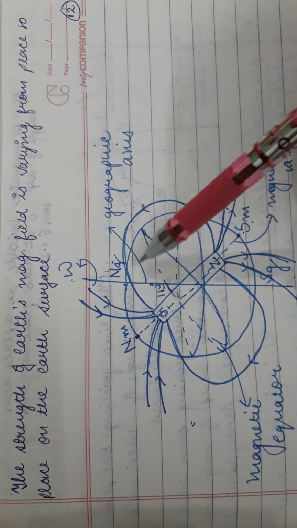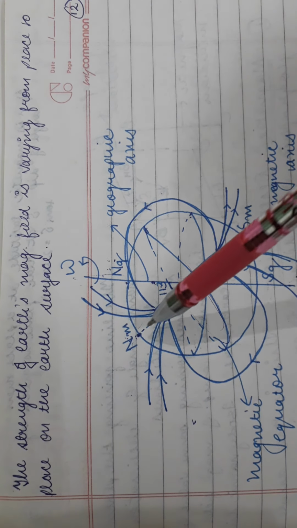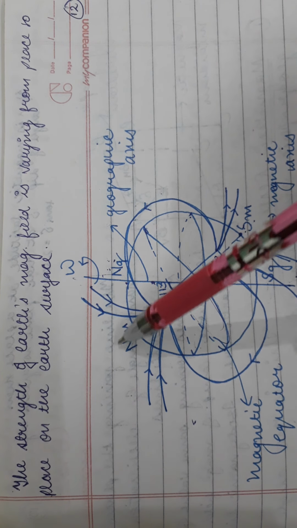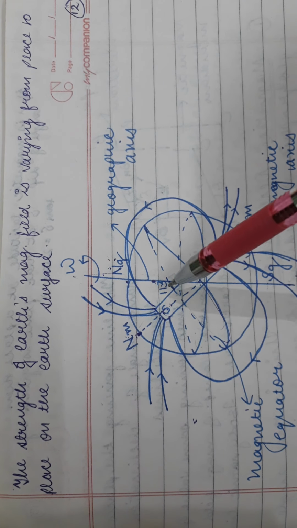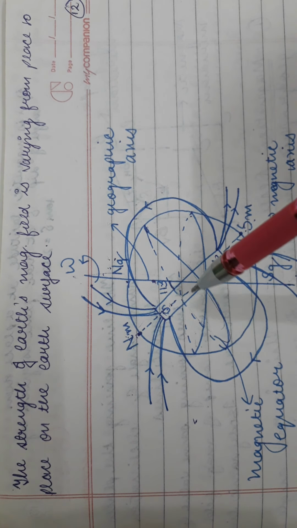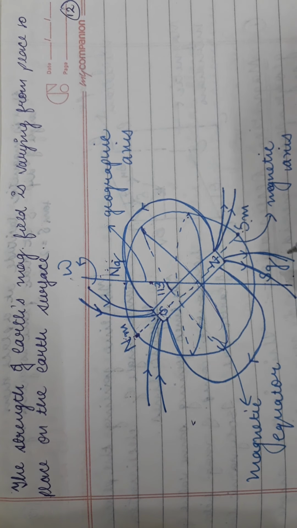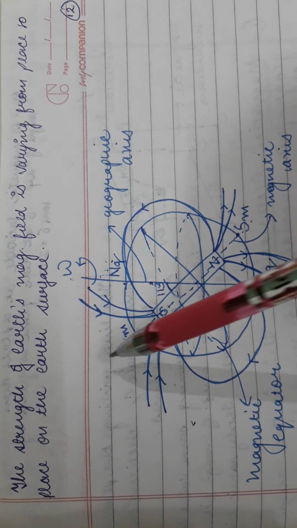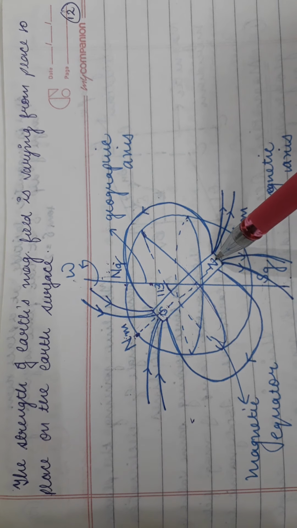So there are two axes, the geographical axis and the magnetic axis. The magnetic axis is basically the line along which the bar magnet of Earth is assumed to lie. Exactly, there is no bar magnet inside the Earth. If you try to find where is the bar magnet of Earth, you cannot find it. We imagine that along a line, called the magnetic axis, there is a bar magnet of Earth.